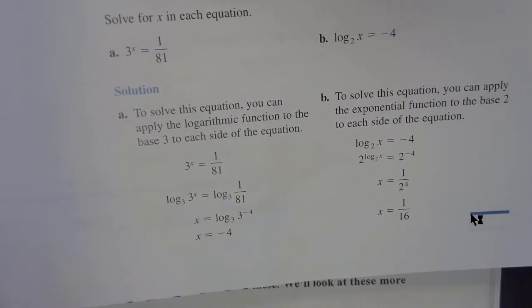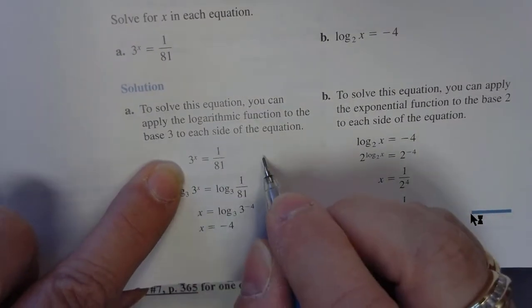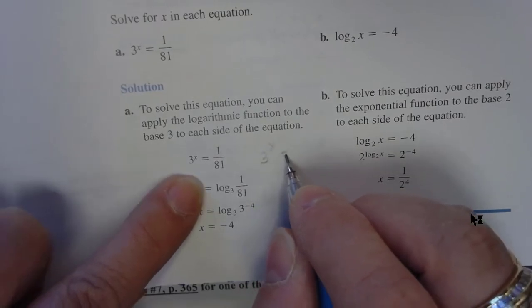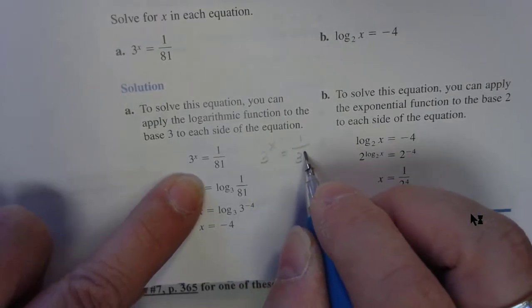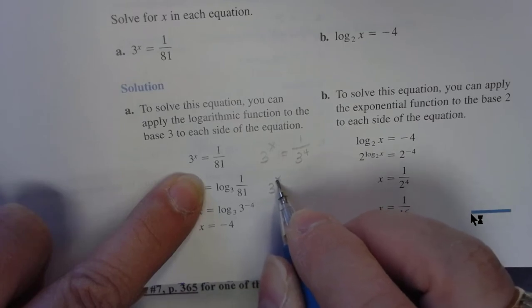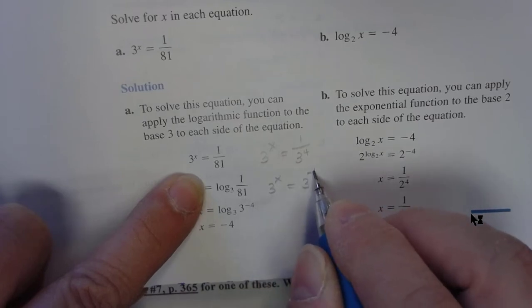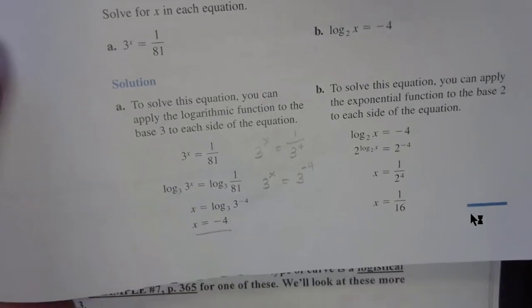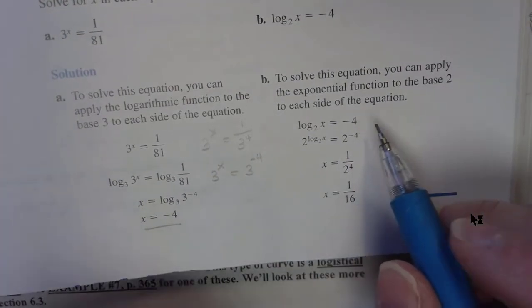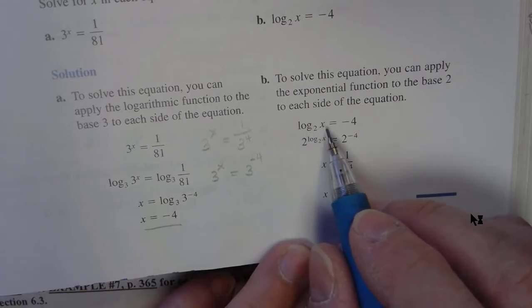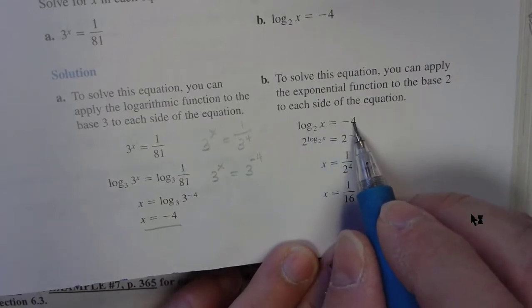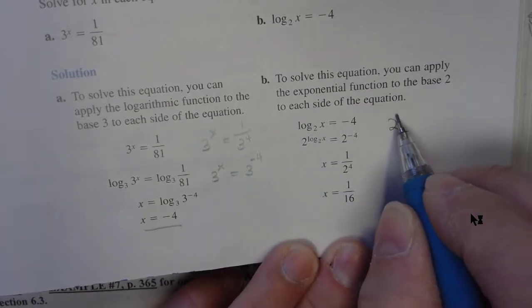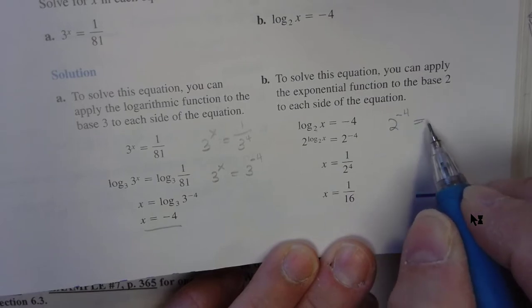I would think about doing this one this way. 3 to the x equals 1 over 3 to the 4th. So 3 to the x equals 3 to the negative 4. Bases are equal, exponents are equal. What about this one? I would think about doing this as log is exponent. There's my exponent on 2. 2 to the negative 4th equals x.